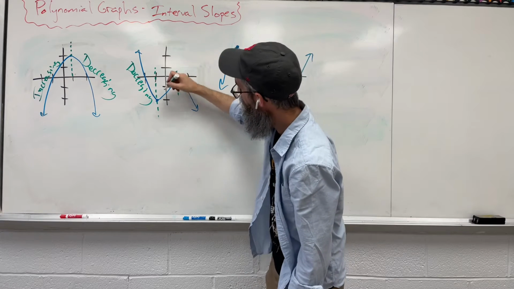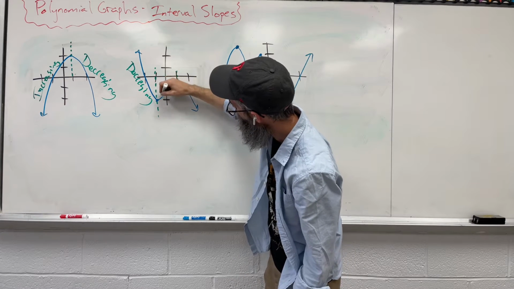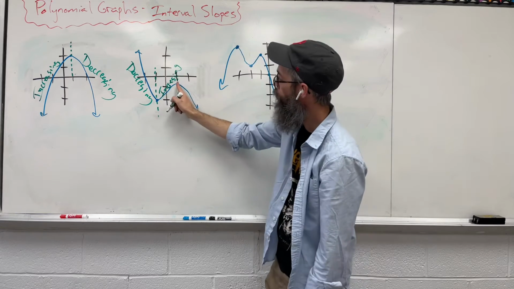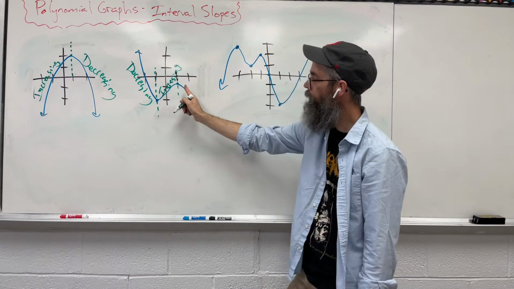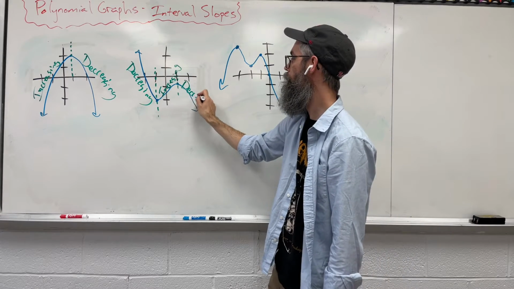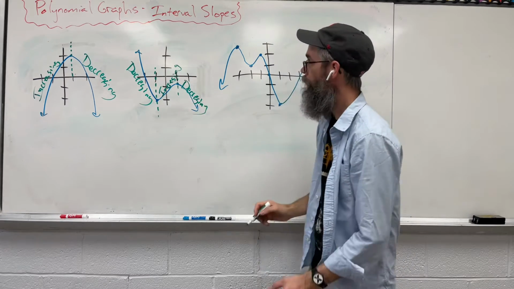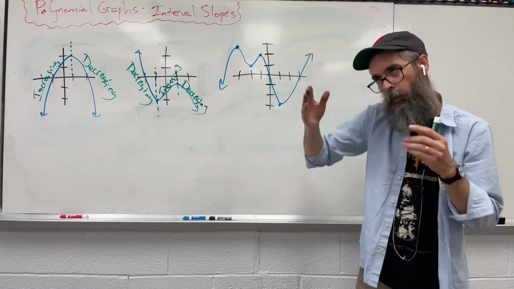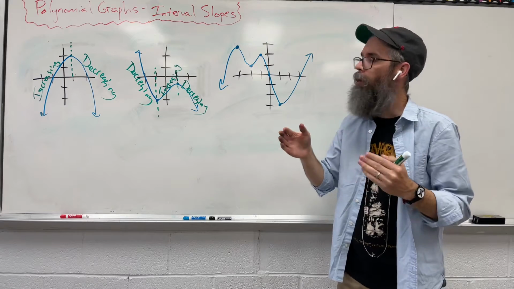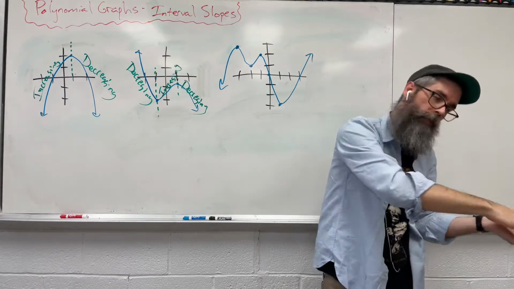So from there to there, we now have increasing. And then once we hit that last point, as we read and move to the right, this line goes downwards, decreasing. So for slopes, we're looking at each individual chunk of line and saying whether that line goes up or that line goes down.